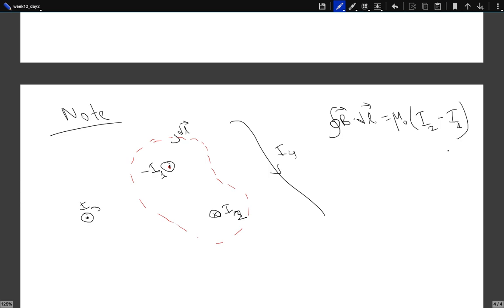So that's why this is minus, this is plus, consistent with my choice of the direction of the loop. If you had chosen the loop to be counterclockwise, then this would have been a positive current and this would have been a negative current. But that doesn't change the relation, because if you change the direction of dl, the integral also gets a minus sign. All of these get a minus sign. So this relation still holds.